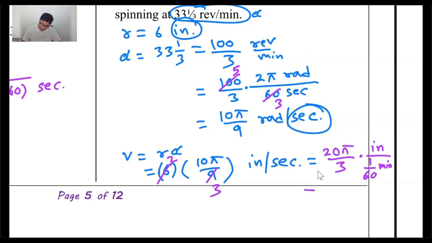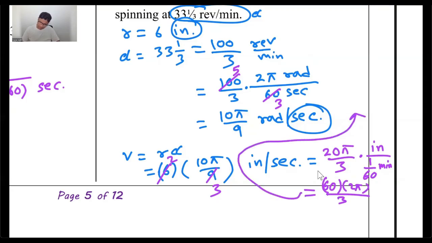So in your calculations, that 60 should go up now. 60 times 20 pi divided by 3. 3 will cancel with 60, so you get 40 pi inches per minute.